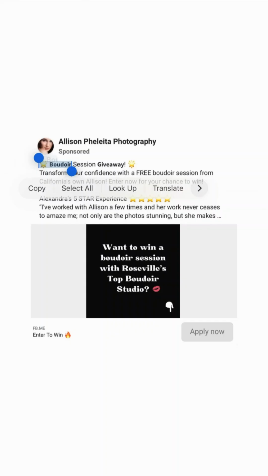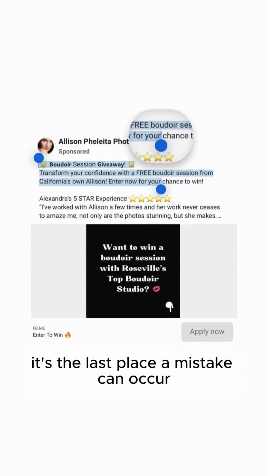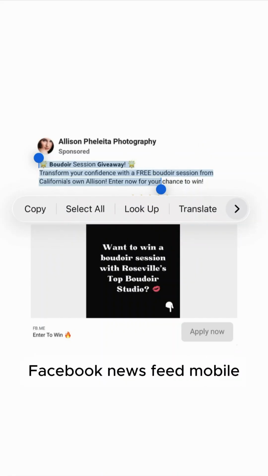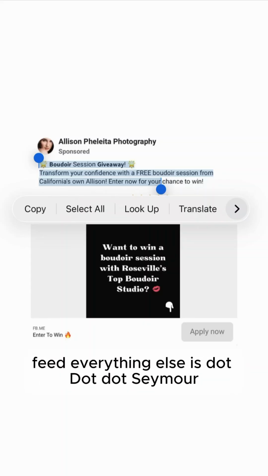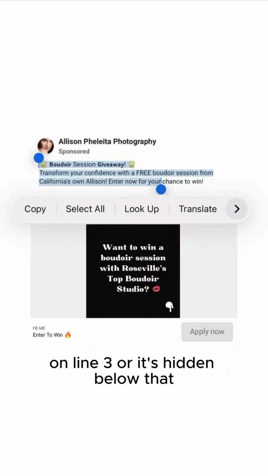Now, let's go look at the see more headline here. It's the last place a mistake can occur. See more headline, first 2 3/4 lines, Facebook newsfeed mobile. This is the only thing that can be seen on the newsfeed. Everything after is see more, on the quarter line on line 3, or it's hidden below that.